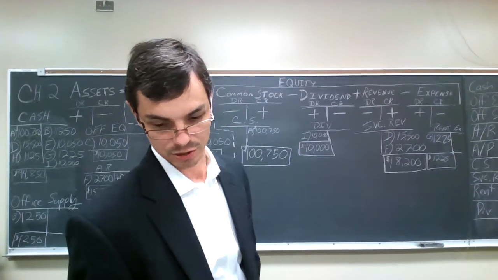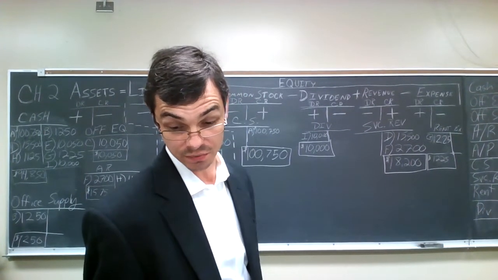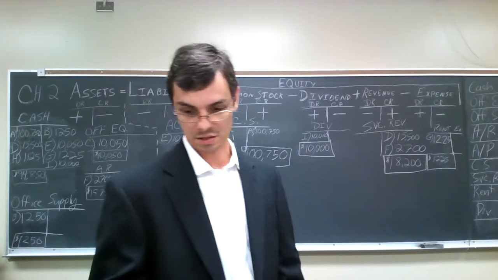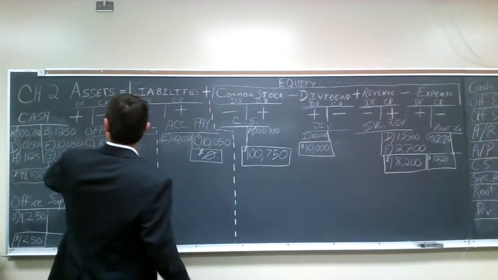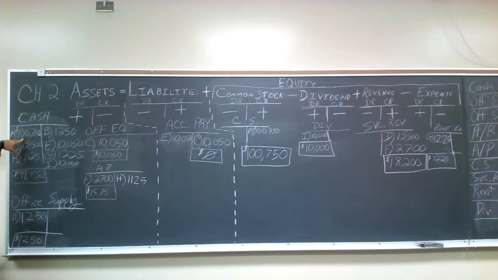All right, first transaction. Casey Spade, owner, invested $100,750 of cash in the company in exchange for common stock. All right, so an increase in cash, an asset account. So we're going to debit the cash over here for $100,750. I know that's kind of hard to see, but there it is right there. There's an A by it, so we can mark that.